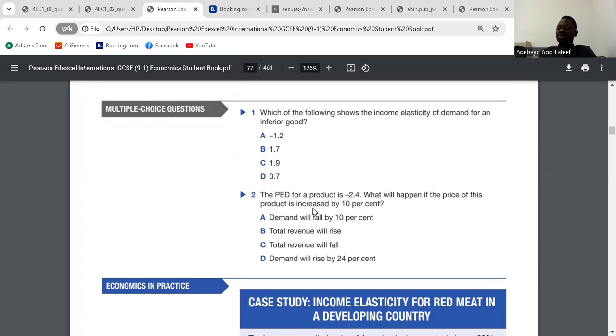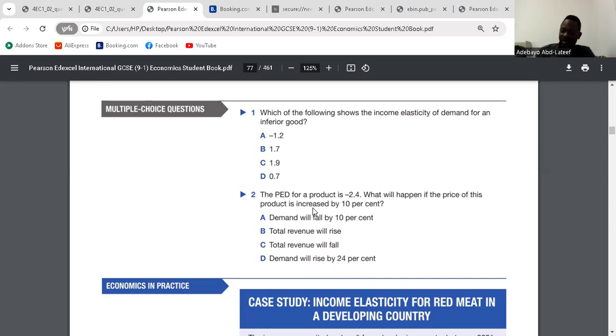Question 2. The PED of a product is minus 2.4. What will then happen if the price of the product is increased by 10%? The PED is minus 2.4, which is elastic.